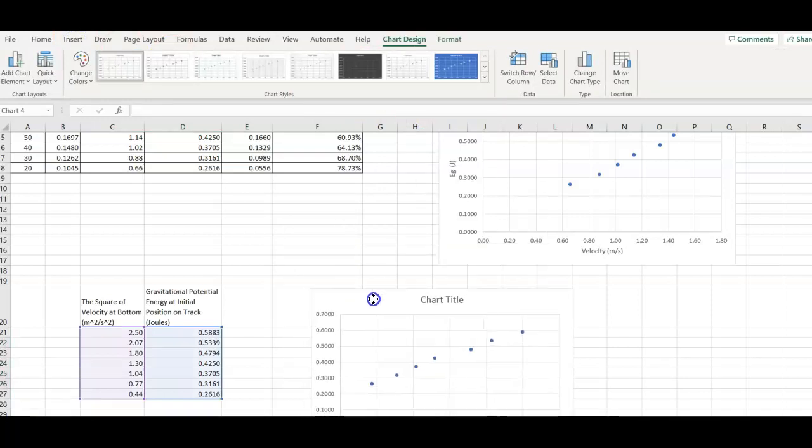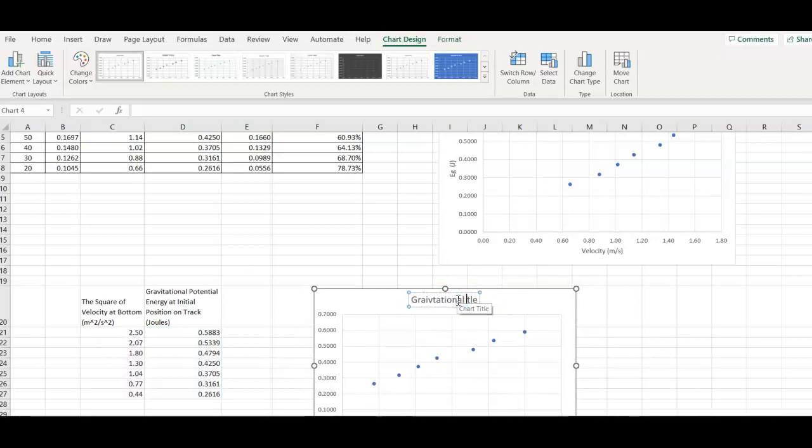And this now is linear. Okay, so this is gravitational potential energy versus the square of velocity.